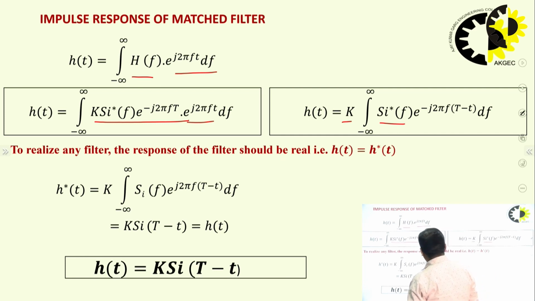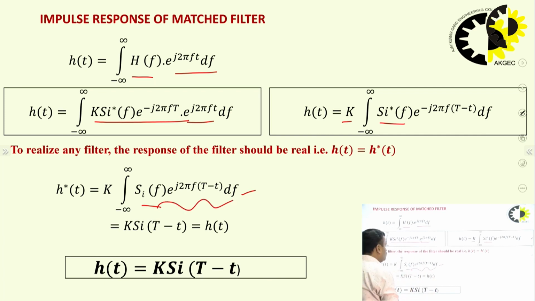Now to realize any filter, we know it should be real. So h(t) simply, its real term and its conjugate term or imaginary term, both are equal. So h conjugate(t) is equal to k Si(f) into e to the power j2πf(T minus t) into df. This is your frequency shifting property or time shifting property.